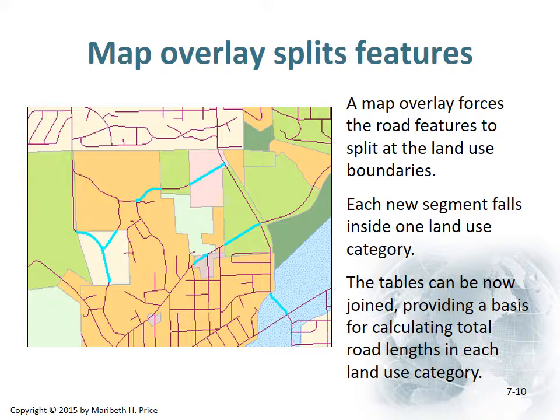So that's why it's called a map overlay, a map overlay procedure. We overlay these two different vector data sets, and we're able to combine the information from those two. Okay, so kind of a powerful thing to be able to take information from one data set and add it into another data set, even if they're not the same geometry.